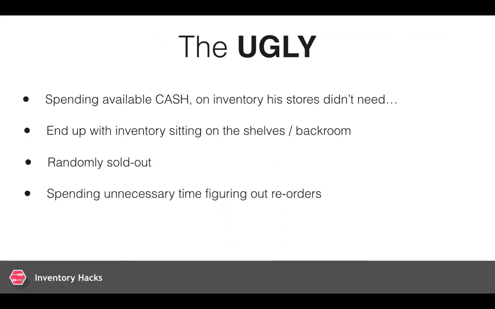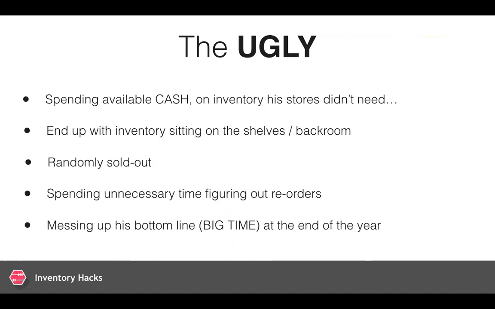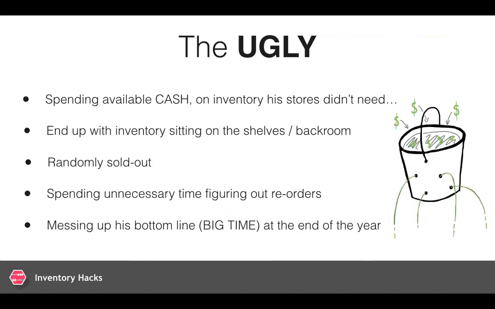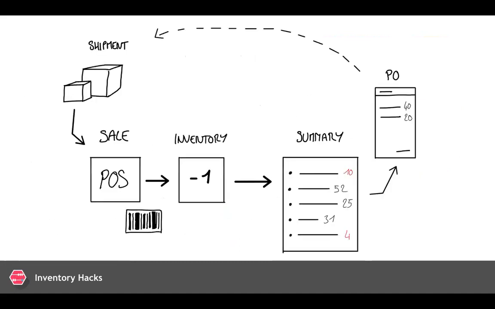He was constantly spending unnecessary time figuring out what to reorder, and he was messing up his bottom line big time at the end of every single year and month after month after month. No matter how well his stores were selling, they were wasting the cash. Everybody just worked really hard every day, and he was eating directly into the profit margin in his stores for no reason. Isn't that crazy?